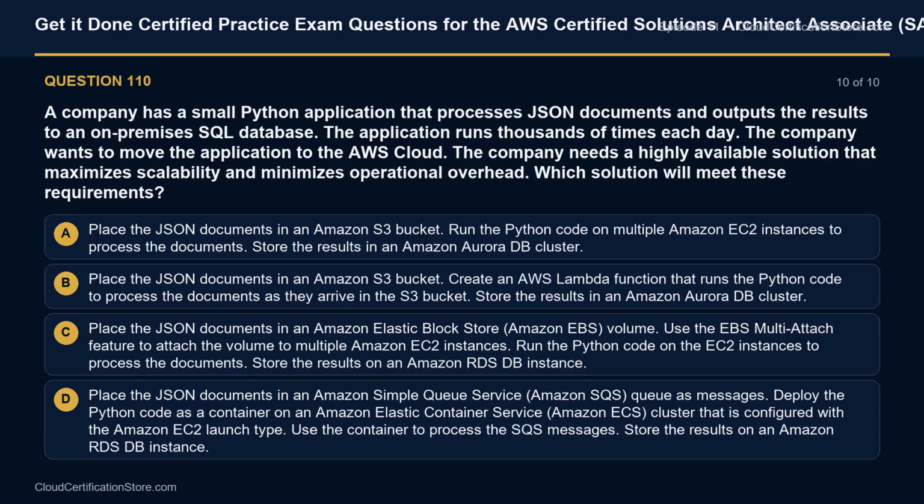Option D. Place the JSON documents in an Amazon Simple Queue Service, Amazon SQS, queue as messages. Deploy the Python code as a container on an Amazon Elastic Container Service, Amazon ECS, cluster that is configured with the Amazon EC2 launch type. Use the container to process the SQS messages. Store the results on an Amazon RDS DB instance.